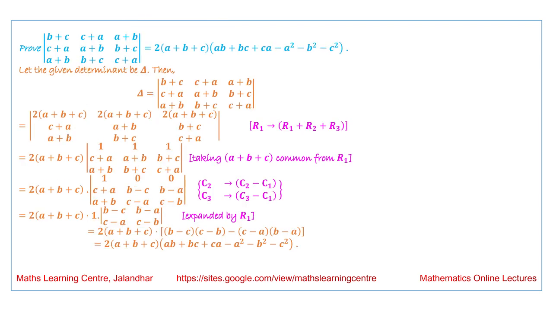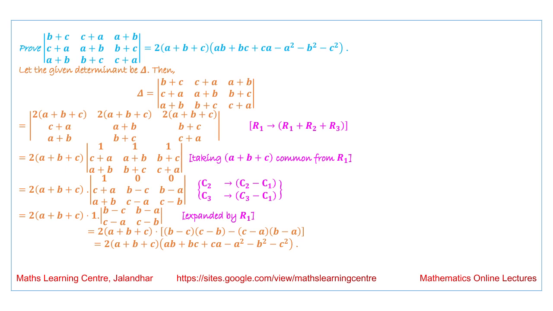Next, this determinant is given: it is b plus c, then c plus a, then a plus b, these terms are there. So we have to prove that this is equal to this value. Again, if we look at these values carefully, we can see that if we add these rows or columns, you can perform the operation in any of these ways.